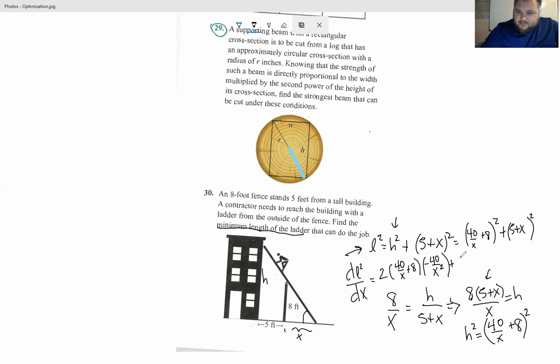The derivative of the next one is 2 times 5 plus x, and the derivative of x is just 1, so no need to write that. And then this whole thing has to be 0.